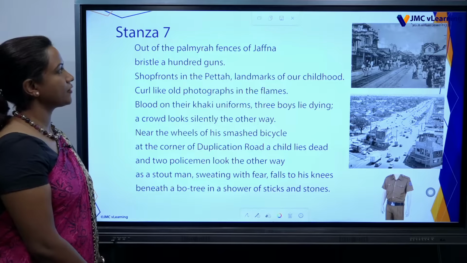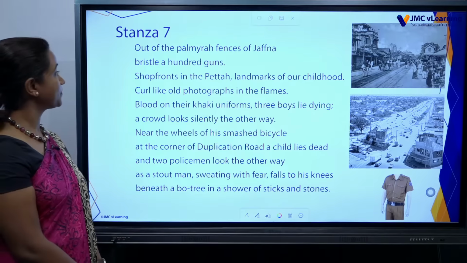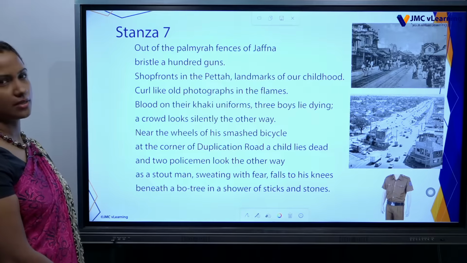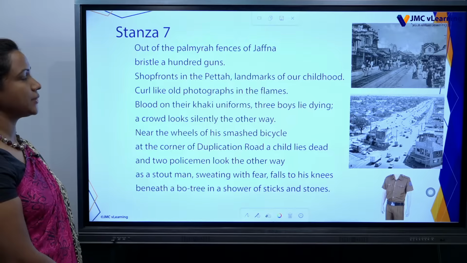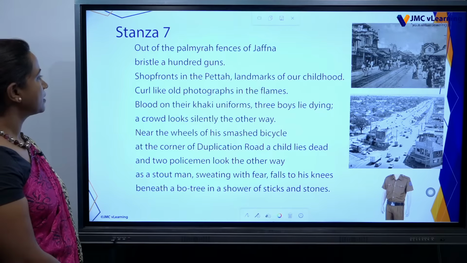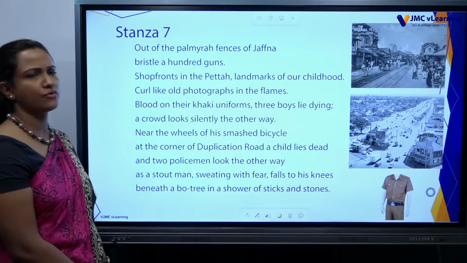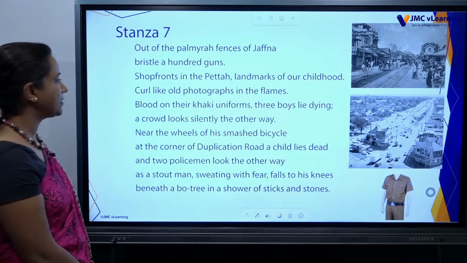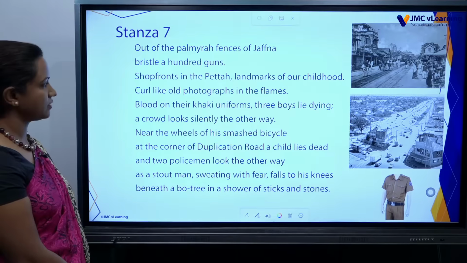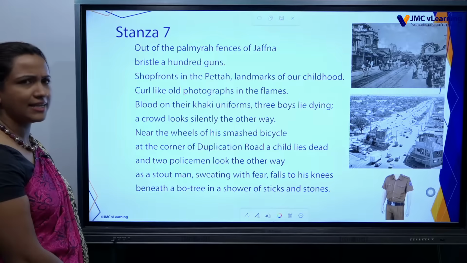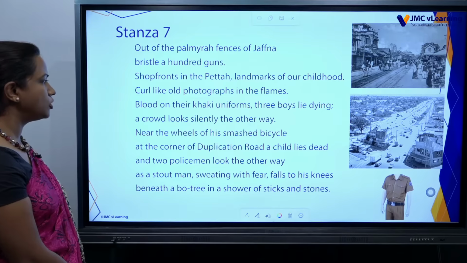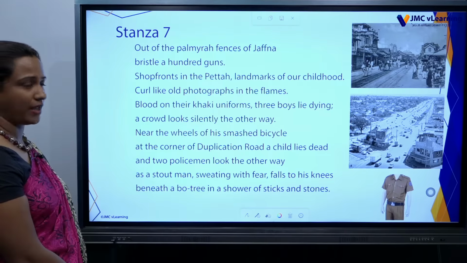Out of the Palmyra fences of Jaffna bristle 100 guns, shop fronts in the Pettah, landmarks of our childhood, curl like old photographs in the flames, blood on their khaki uniforms. 3 boys lie dying. A crowd looks silently the other way.